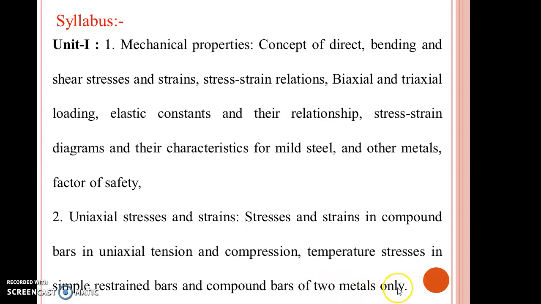Now see here, this is the total unit 1 syllabus. Okay, now we have to follow the syllabus point wise, and we have to describe each and every point over there. On the Google Classroom, I already shared the 3 lecture slides.